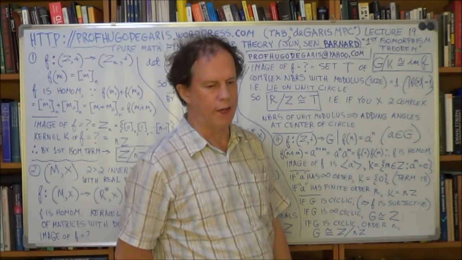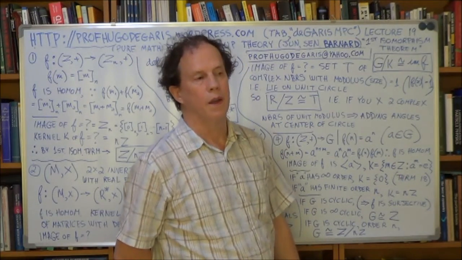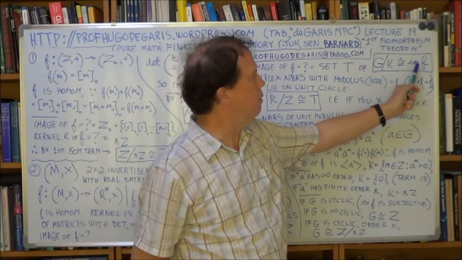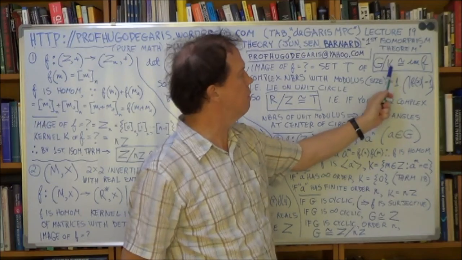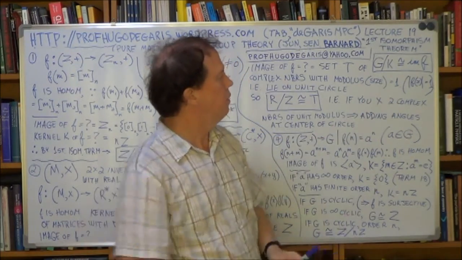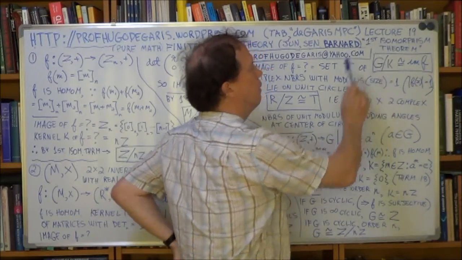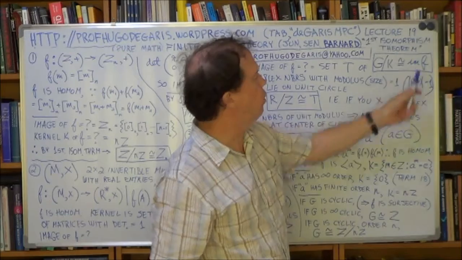Then find the kernel and find the image of f. Once you know the kernel, you can write down this first isomorphism theorem in this form.